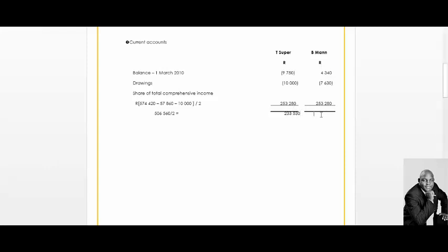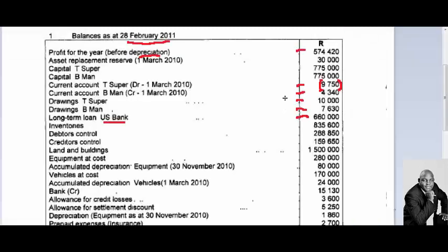Then for B-man it's 4,340 minus 7,630 plus 253,280. Okay, you're getting 24,990. Okay, so now these are the current accounts for the current year for the partners.